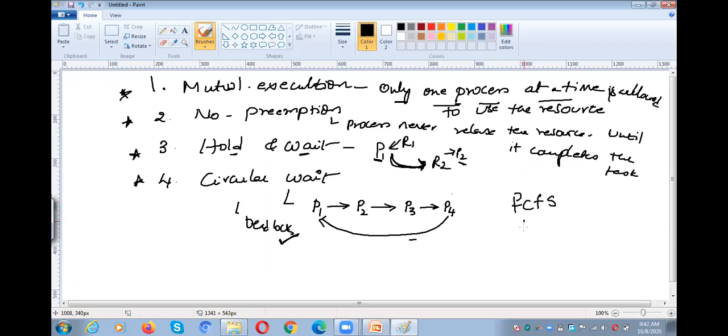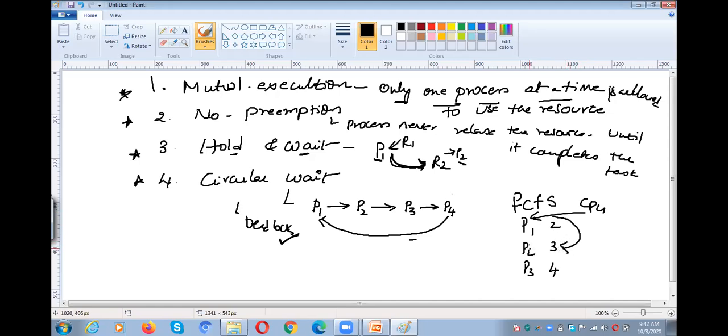For example, there are three processes P1, P2, P3. P1 requires 2 milliseconds of CPU time, P2 requires 3 milliseconds, and P3 requires maybe 4 milliseconds. Then what happens? We allocate the CPU to P1. After 2 milliseconds, P1 completes its task, and only then do we switch the CPU from P1 to P2.